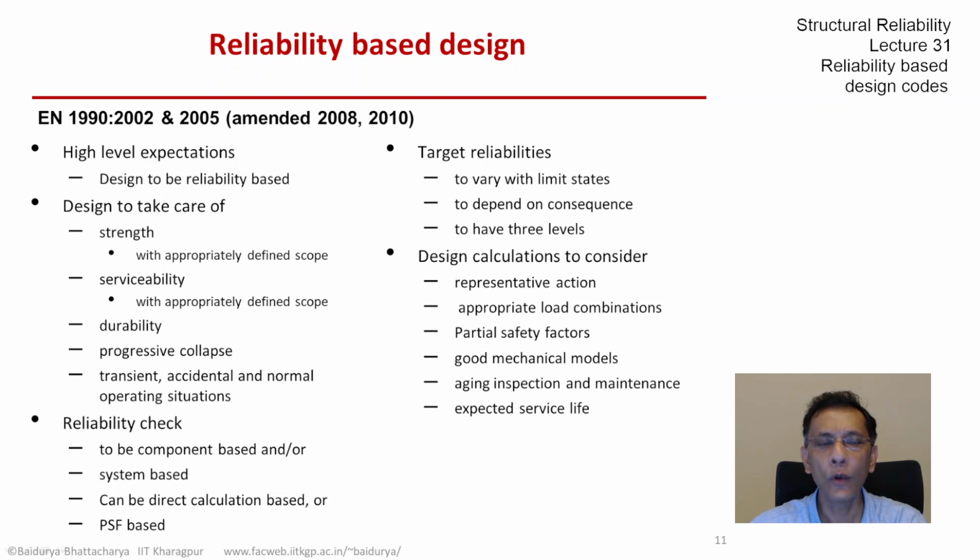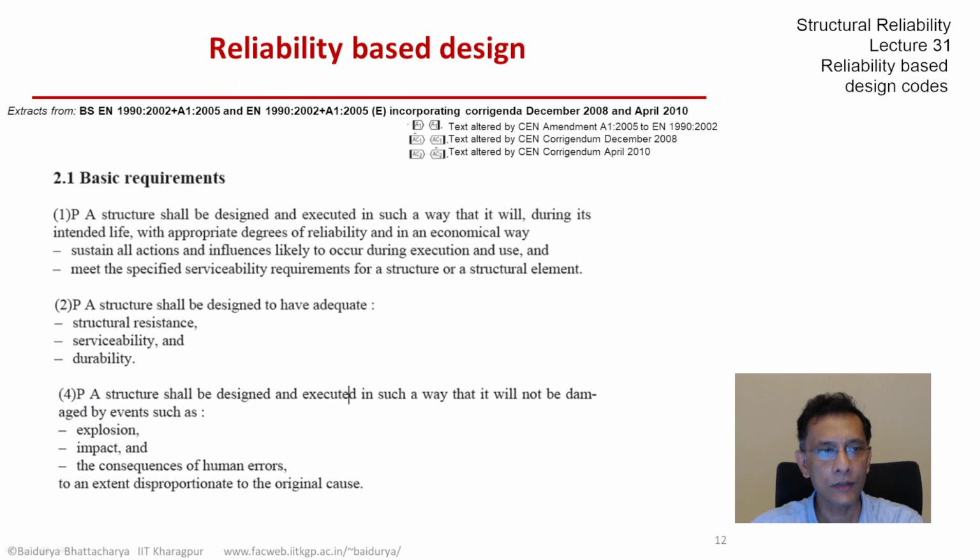And we are going to look only at the first few pages of EN 1990. So the very first set of requirements, section 2.1, clearly lays down the context and the parameters behind the code.